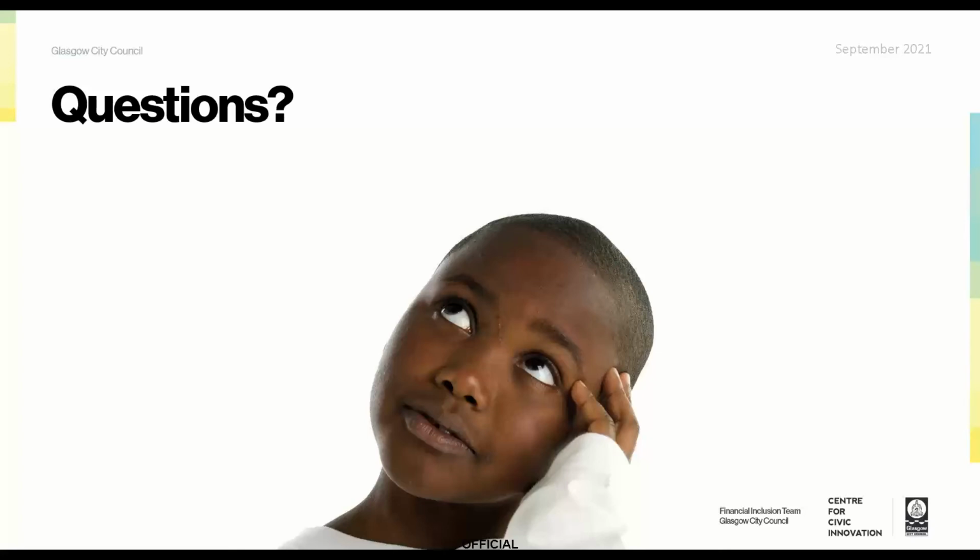I'm not sure if anyone from Inverclyde is on the line, but when we asked them to reflect on what was done differently, there were three key messages. One was that they had developed stronger networks that were working together to look at child poverty rather than it just being the responsibility of maybe one department or one team, and that was based on a much deeper shared understanding of everybody's role in it.